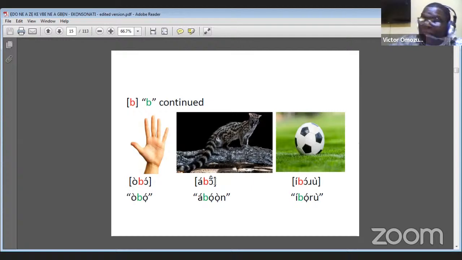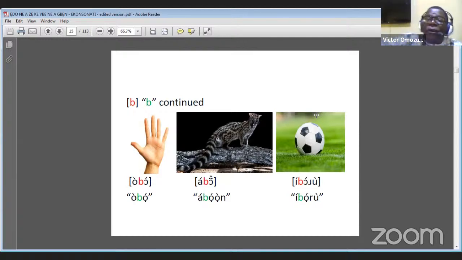So when you borrow a word from another language, you adapt it to the syllable structure of your language. So ball in English ends in the L. But in Edo, that's a consonant. Edo forbids a consonant to end any word when you are pronouncing it.